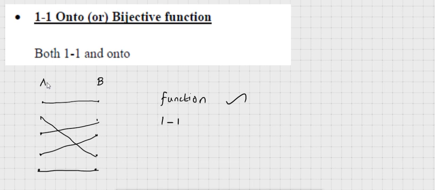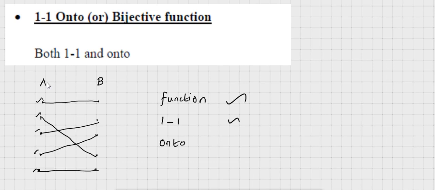One-to-one function means another condition is imposed. What is that? Do you see any two different inputs here having the same output? No, right? Two different inputs are having two different outputs only. So one-to-one function is also satisfied.